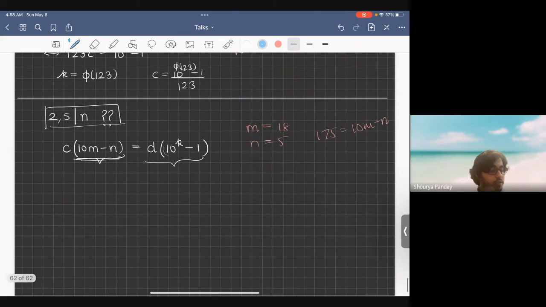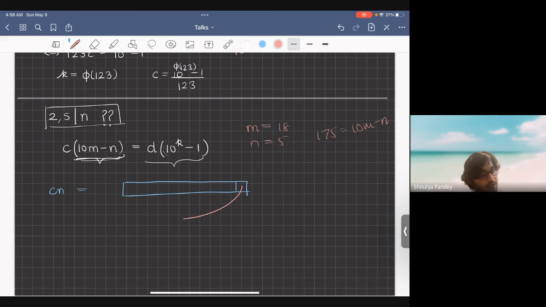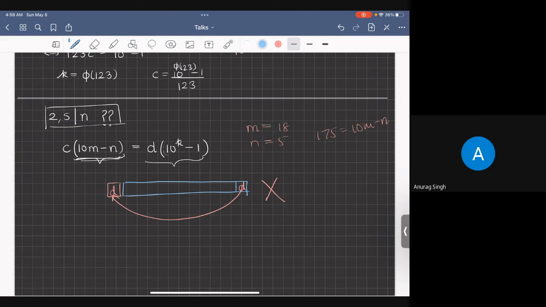Clearly moving a single digit from the end to the start doesn't work here. So the single digit movement doesn't work. So what could be the next step? I guess movement in any sense does not make sense.